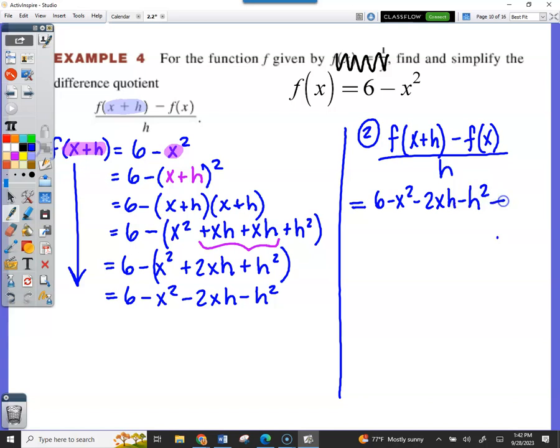Minus parentheses, function f. See it? And this is all over h.